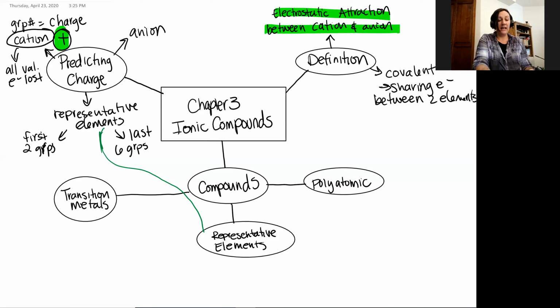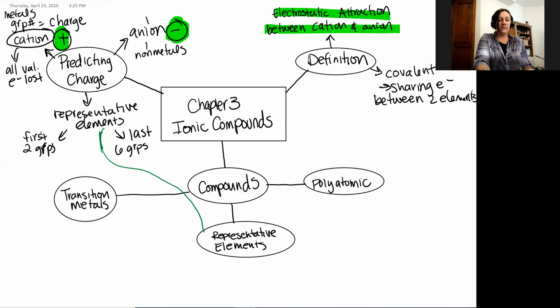Now our anions are negatively charged, and they're going to be our nonmetals. So where our cations were our metals, these will typically be our nonmetals. And we'll calculate their charge based on the number of valence electrons they have, which is really the group number.